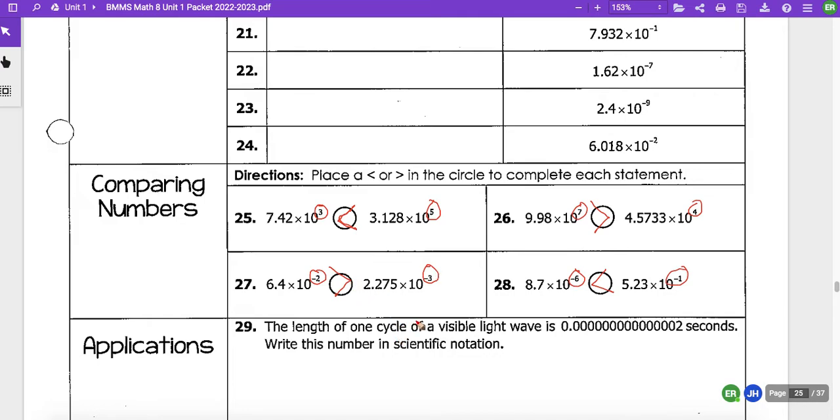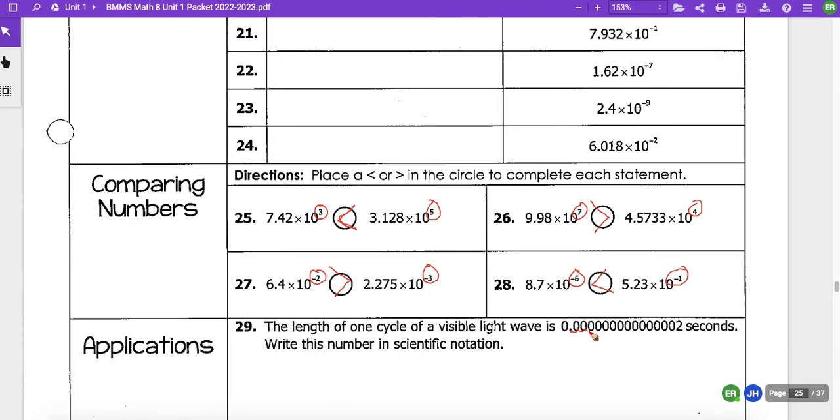Okay, now application. So the length of one cycle of a visible light wave is this long decimal. I'm not going to read it in seconds. Write this number in scientific notation. Okay, so what we are going to do is, remember before, we're going to start at the decimal. And then we're going to go until we get one number other than 0 to the left.